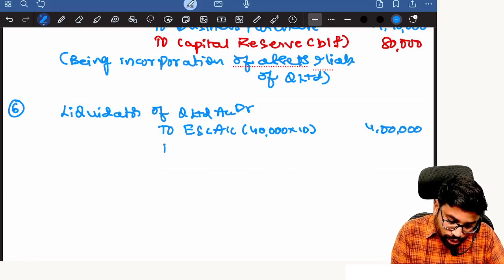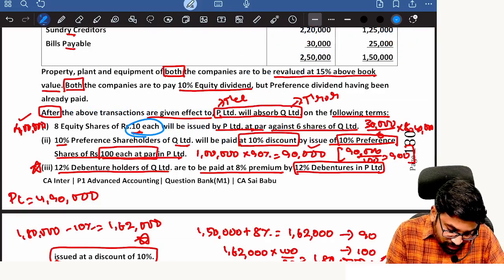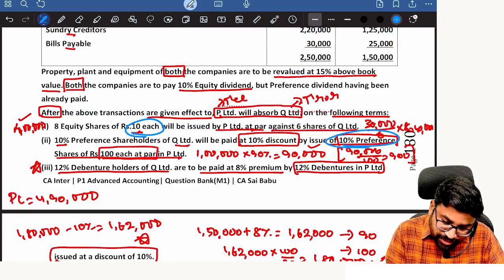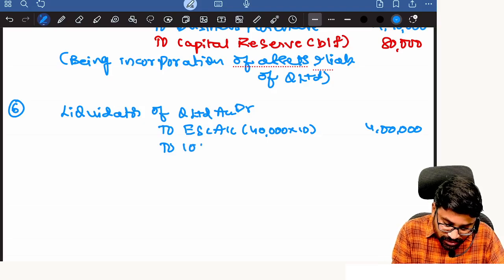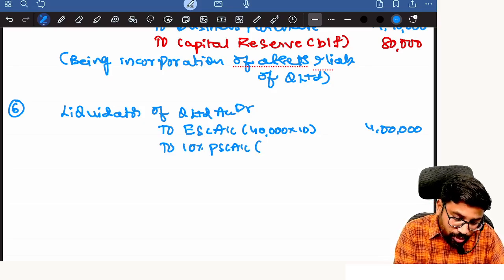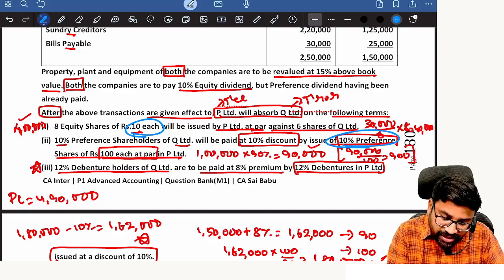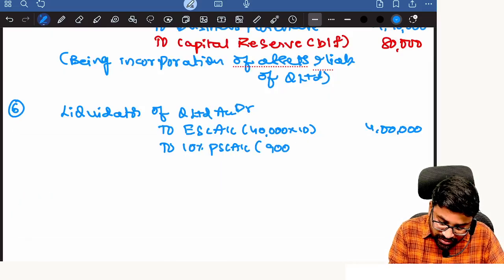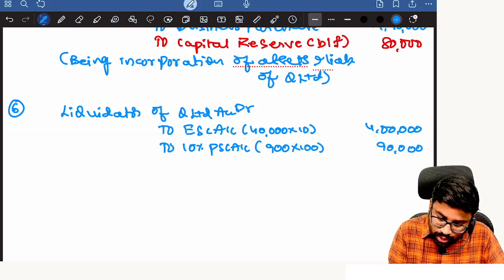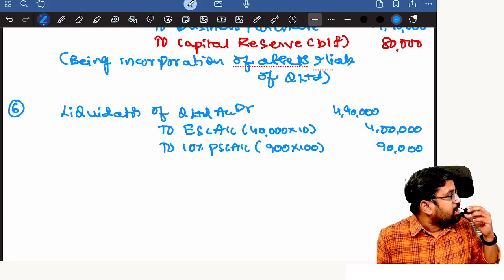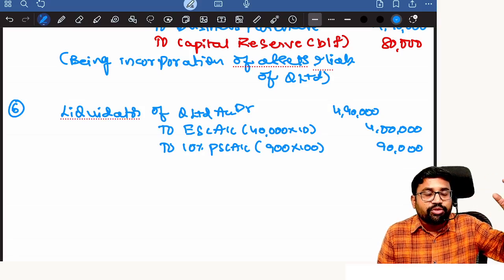Any securities premium? No. To preference shareholders we are giving 10% preference shares, to 10% preference share capital account. How many preference shares are we giving? 900, each at 100. So 90,000. So the total will be 4,90,000. Securities premium will not come here because we are issuing equity shares at par.